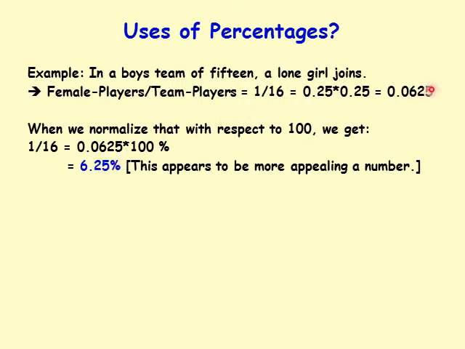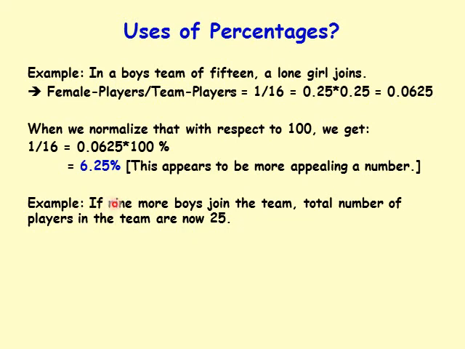Here is this number 0.0625 as a ratio of female players to team players, and here in percentage the same ratio is 6.25. That number seems to be more appealing. 6.25% of the team consists of females is more appealing than 0.0625 part of the team is female.